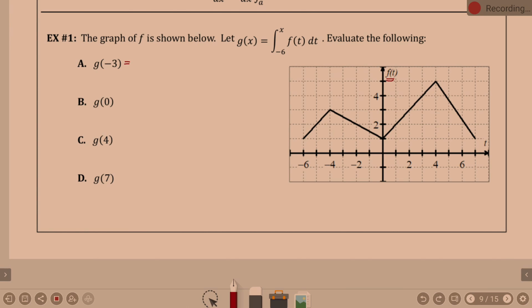Every place you see an x, you're going to replace it with -3. So it's the integral from -6 to -3 of f of t dt. Okay, what have I been saying integral is?